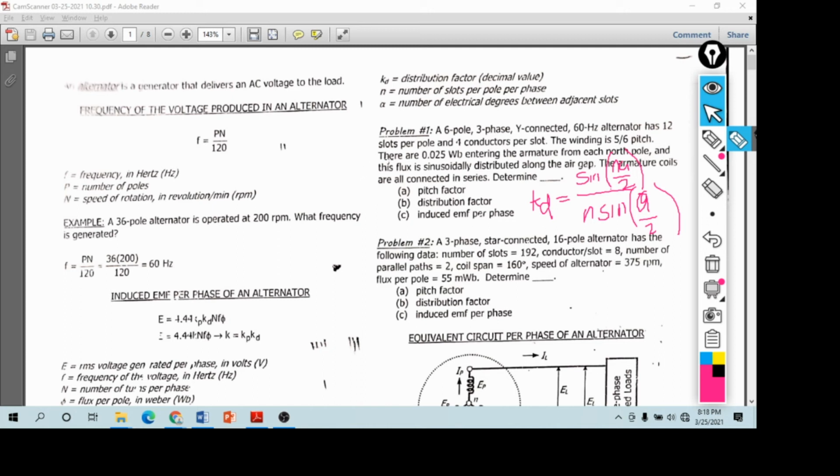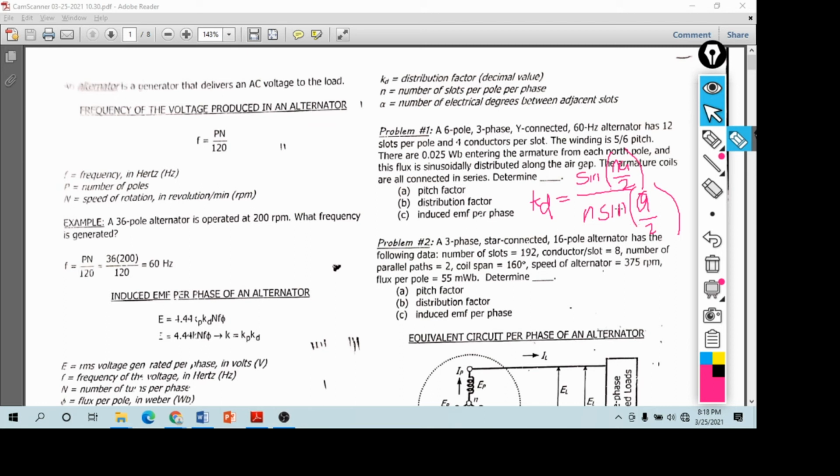Slot per pole, and then your n. So what is n? Ang imong n is slot per pole per piece, no? That is 12. So n is equal to slot per pole divided by piece, which is 3.